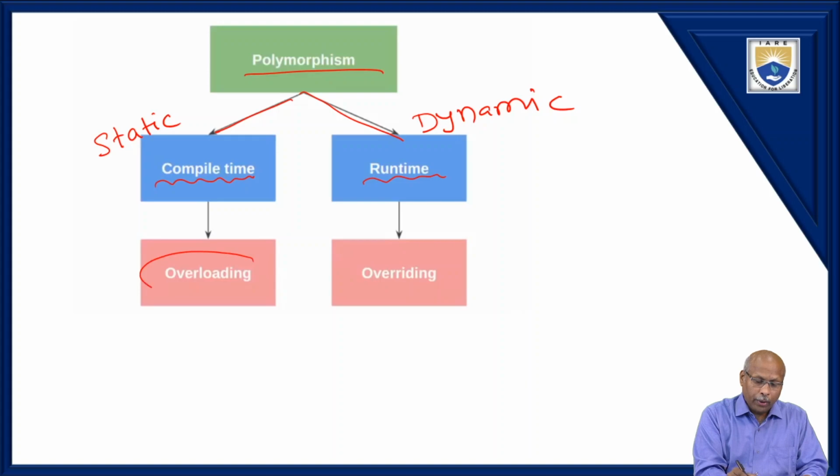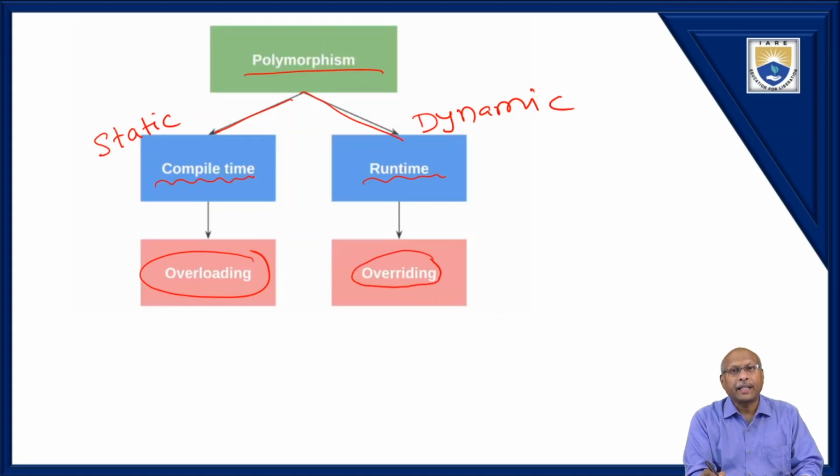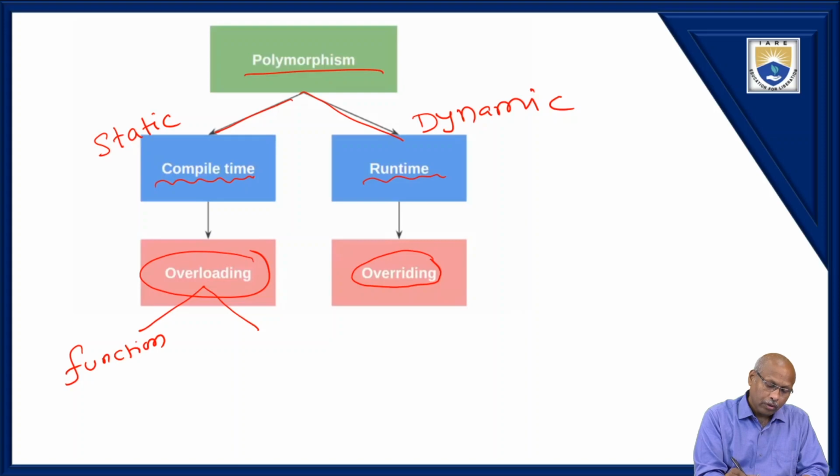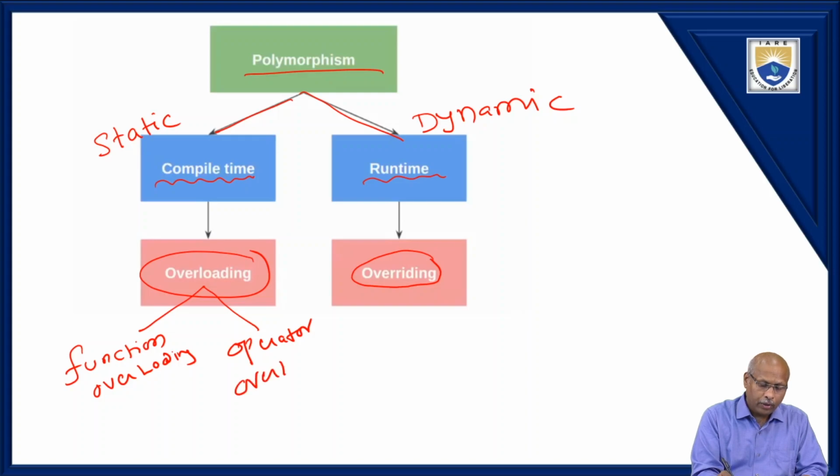Now, overloading comes under the concept of static polymorphism or compile time polymorphism, whereas overriding comes under runtime polymorphism. Again, under overloading, two things are there: one is function overloading, and operator overloading.